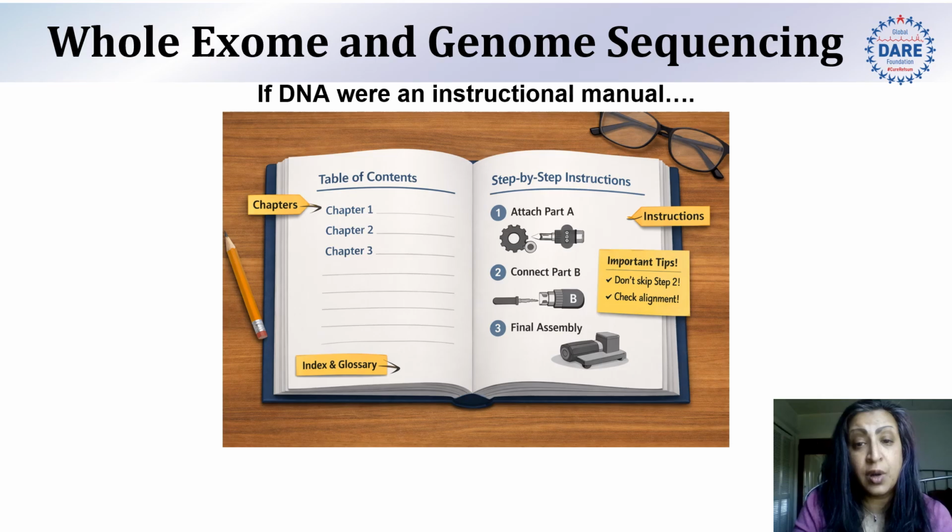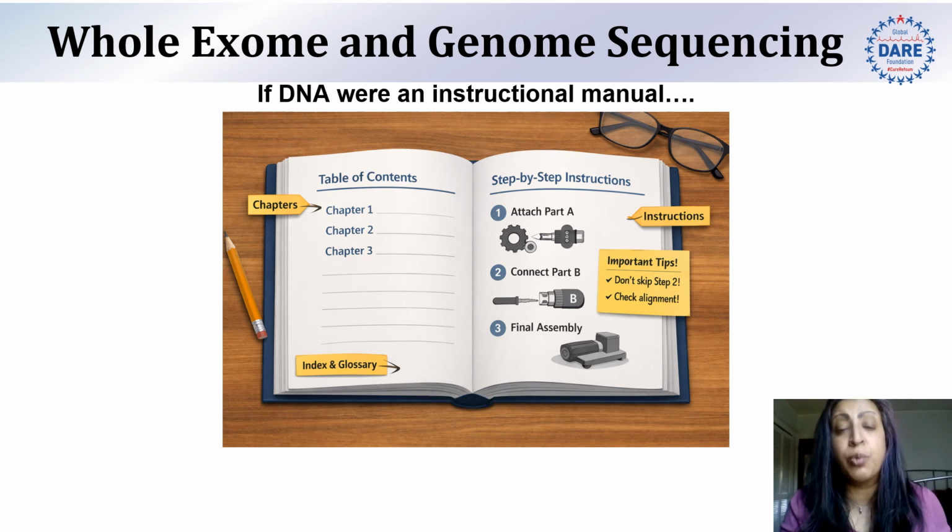Both of these methods are especially useful when patients have unexplained symptoms or when previous genetic tests have not provided a definitive diagnosis. So let's talk about these broader types of genetic testing.